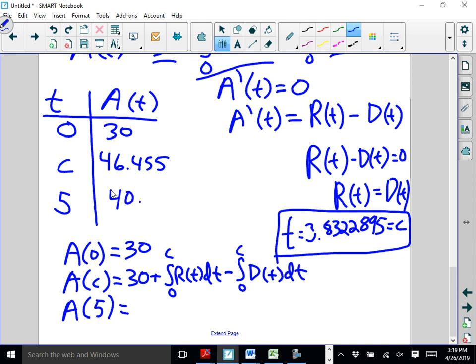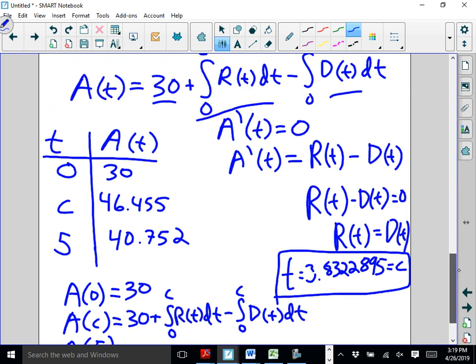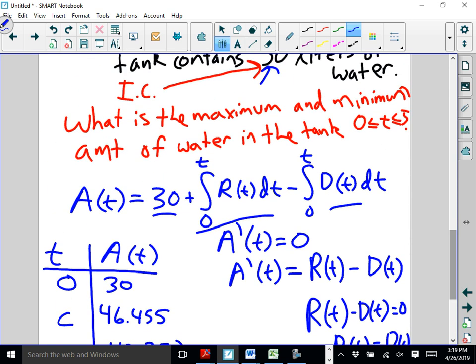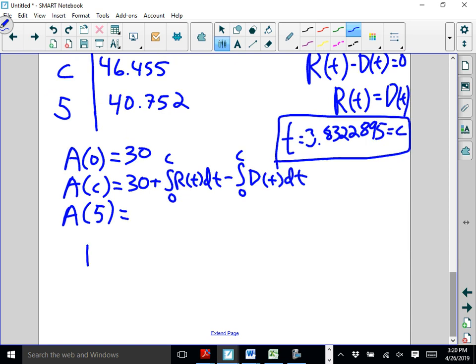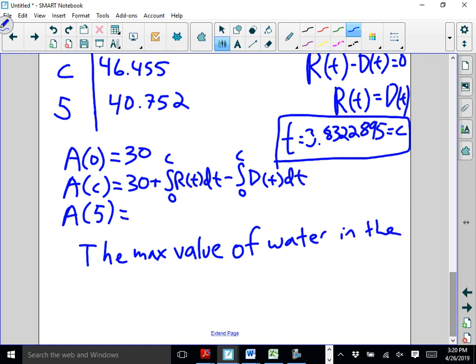Since the question asked for the maximum and the minimum value for the amount of water in the tank, I can now just look and say the maximum value of water in the tank is 46.455 liters.